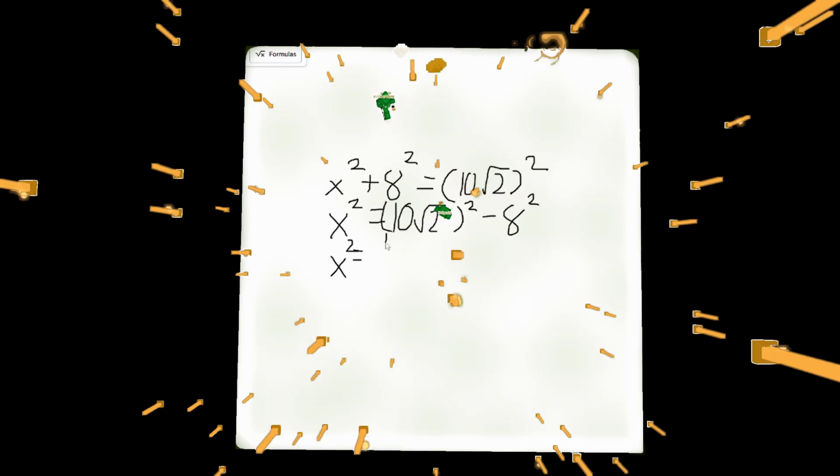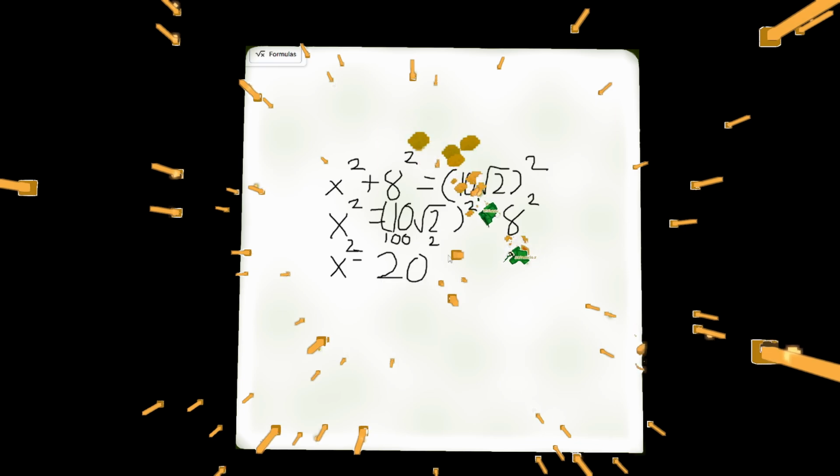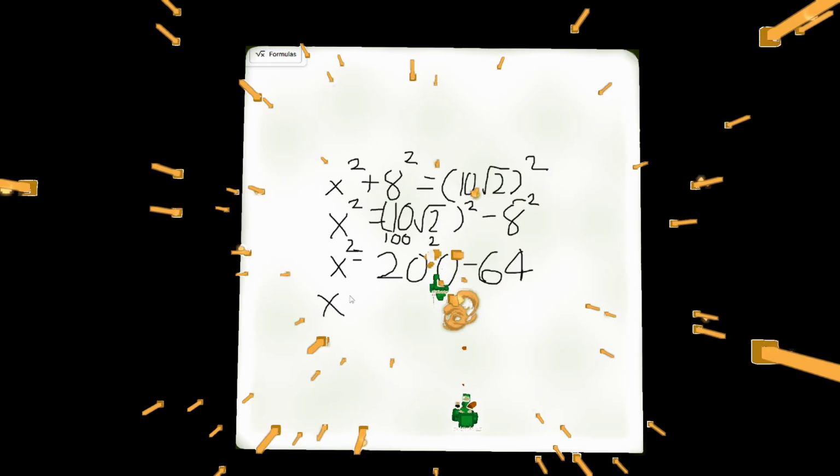Which would leave us with what? 100 and 2, as this power can cancel out this square root, equal to 200. Now we just do 8 squared normally, which leaves us 64, and finally simplifying that, we have 136. X squared equals 136.